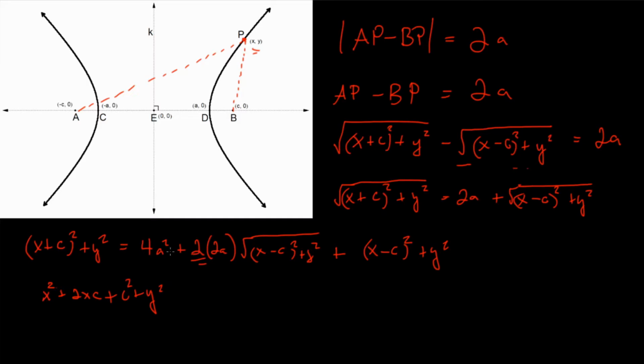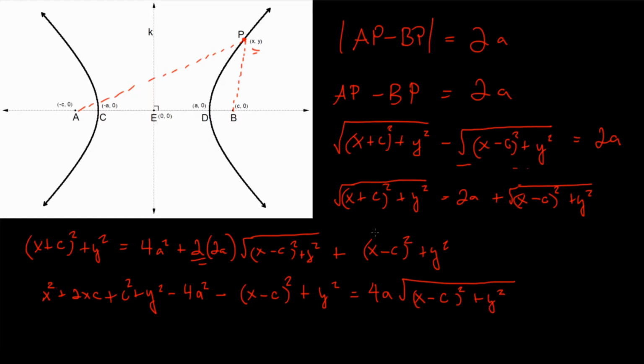But I'm also going to subtract 4a squared, and I am going to subtract (x - c) squared plus y squared. I'm going to do a little bit more work than I normally do. I'm not going to expand this yet; I'm going to expand it on the next line. And then this is going to be equal to 4a times the square root of (x - c) squared plus y squared.